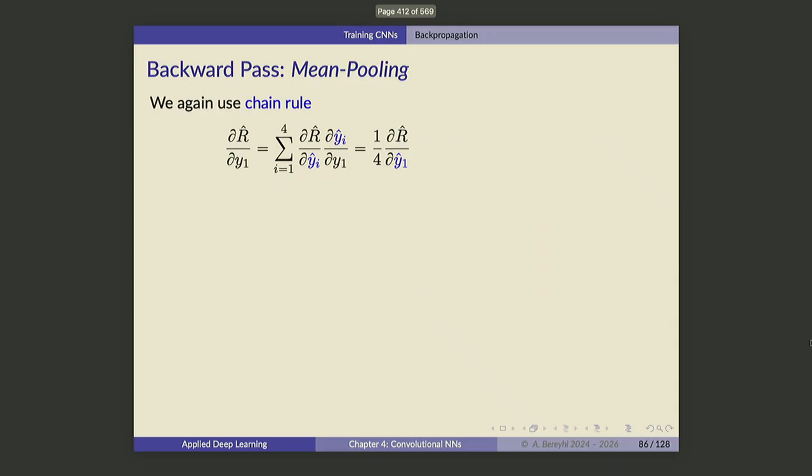So if I write down the chain rule, then the term gradient of y hat i with respect to y2 is going to show up by factor 1/4 in the first two choices of i, like y hat 1 and y hat 2, but it's not going to show up for y hat 3 and y hat 4, right? Everybody's cool? You see that? So it's going to be 1/4 gradient of r hat with respect to y1, 1/4 gradient of r hat with respect to y2, and that's it, right?